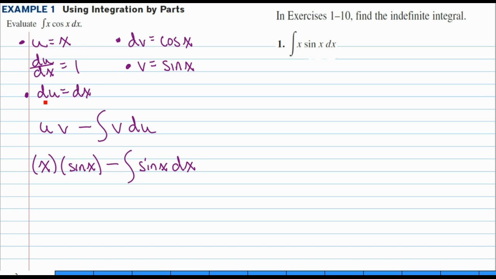So this time we are solving for du, not like u substitution when we were solving for dx. Alright, so this first part just simplifies to be x sine of x, that's straightforward, minus, and I know the antiderivative of sine of x. So I have my final answer, x sine of x plus cosine of x, and then of course plus c.